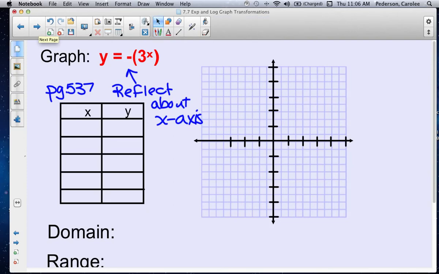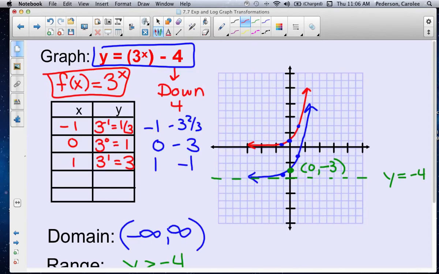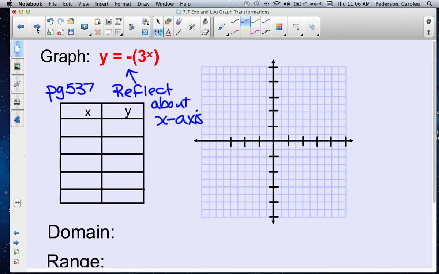So it's an easy way to just graph this original 3 ordered pairs on the previous slide. -1, 1/3, 0, 1, 1, 3. Graph those first. That's your parent function before your transformation. Like such. Now, we want to reflect it about the x-axis.